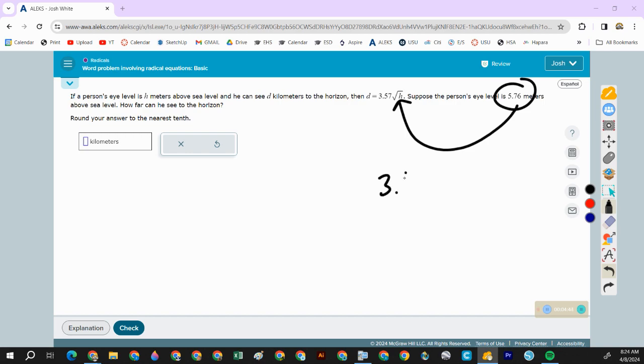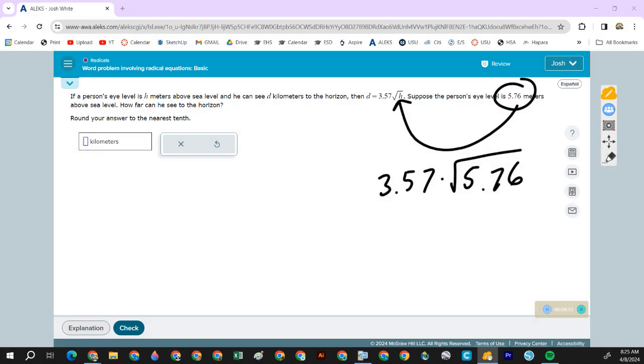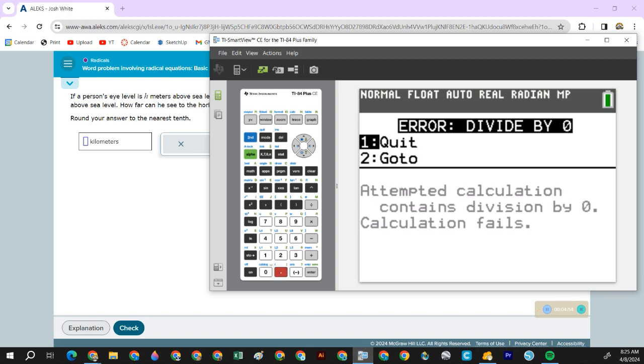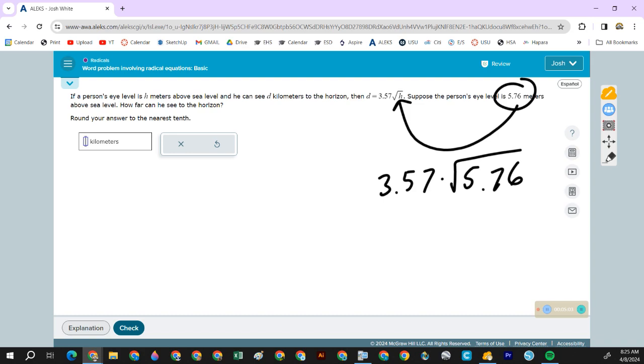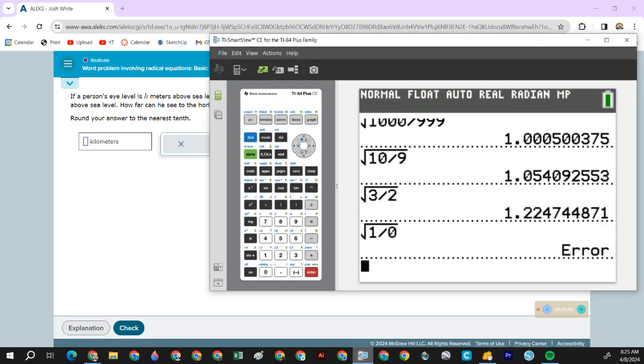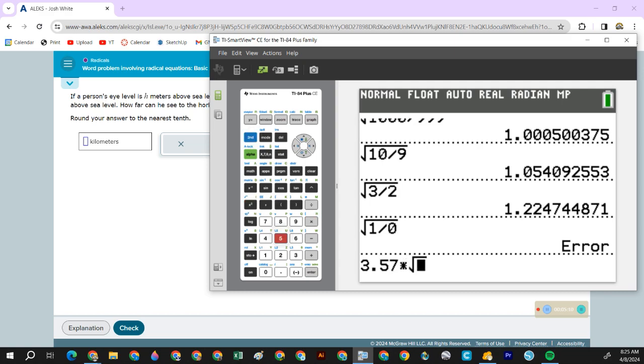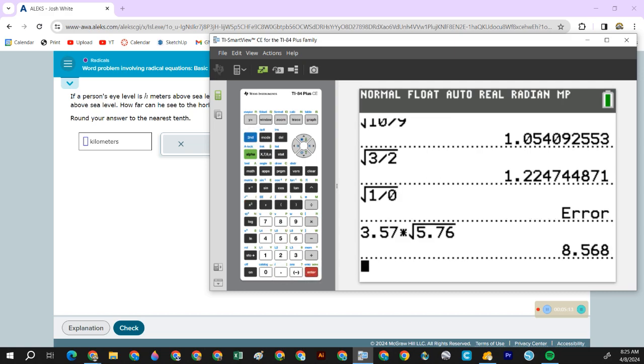So we get 3.57 times the square root of 5.76. Okay, easy enough.